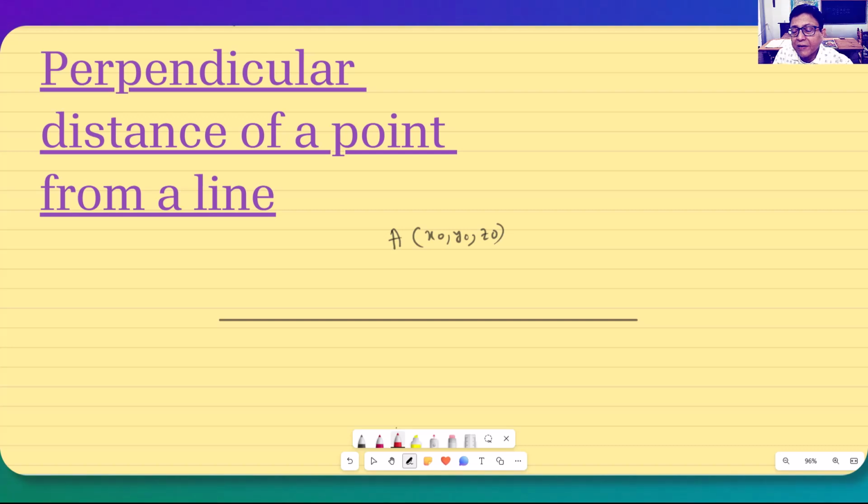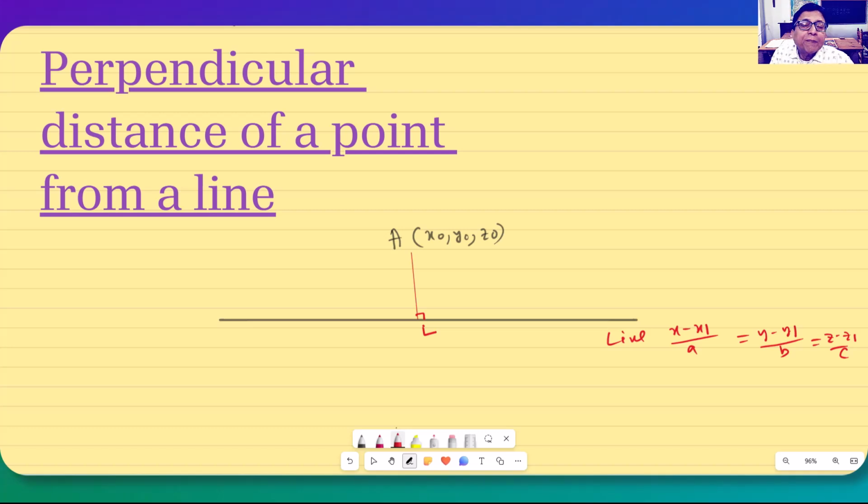Let the line be (x minus x1)/a = (y minus y1)/b = (z minus z1)/c. You need to find this perpendicular distance AL, where L is the foot of the perpendicular.